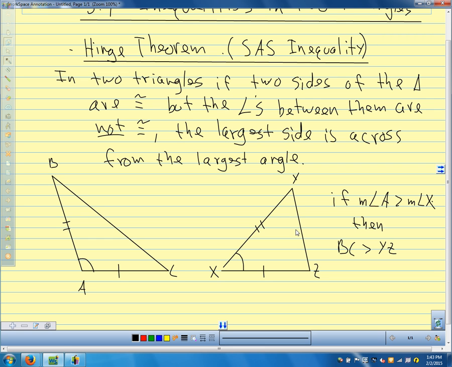They're always the same length, but if the angle between them is bigger, their tips are further apart. If the angle between them is smaller, their tips are closer together. So that's all this hinge theorem is telling us. If we open this up more, this distance is bigger than that distance.